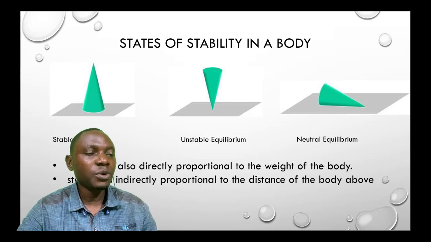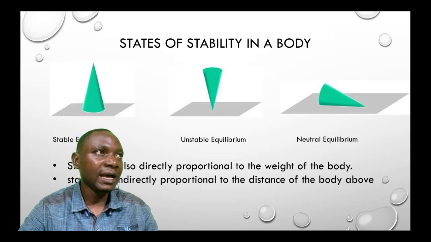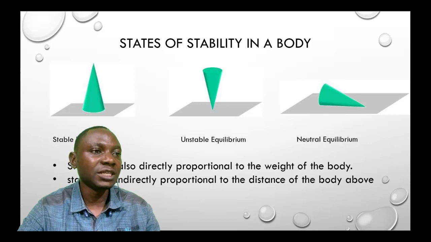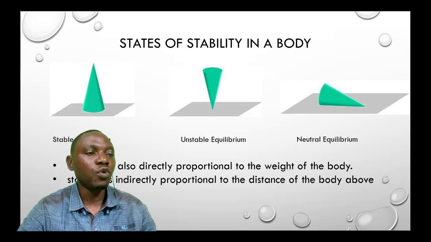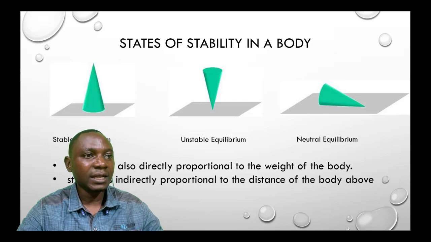For example, when you have a car and an SUV, you will observe that there is a high chance for an SUV to turn over compared to a car, because an SUV has a body that is higher above the center of gravity compared to a car, which is lower.